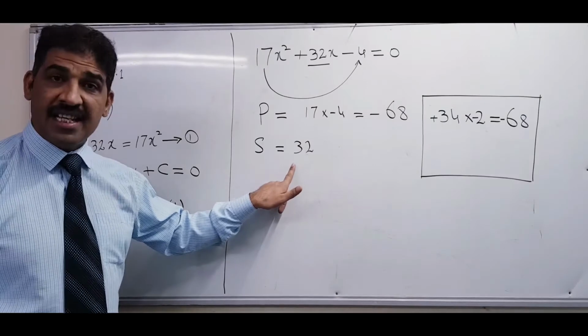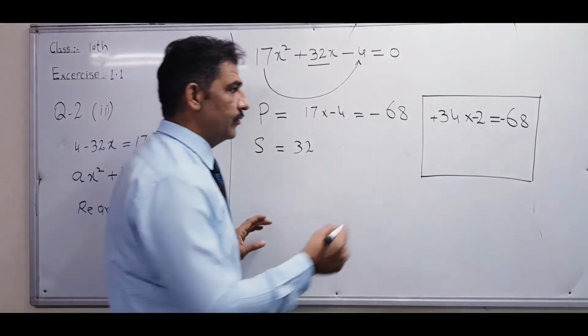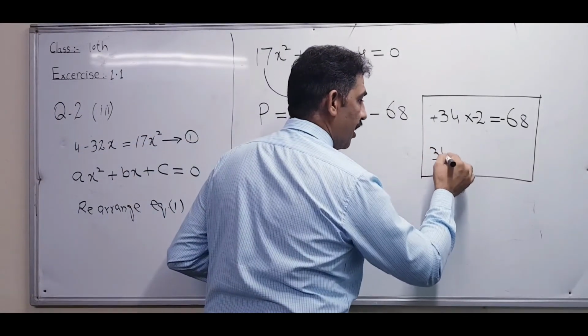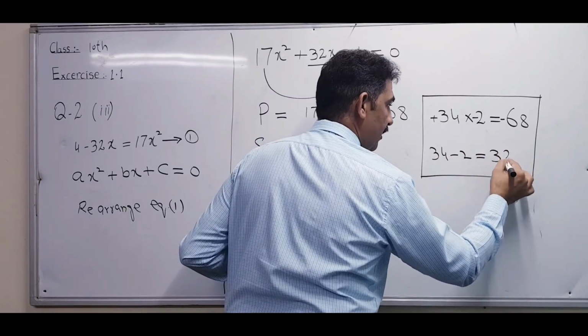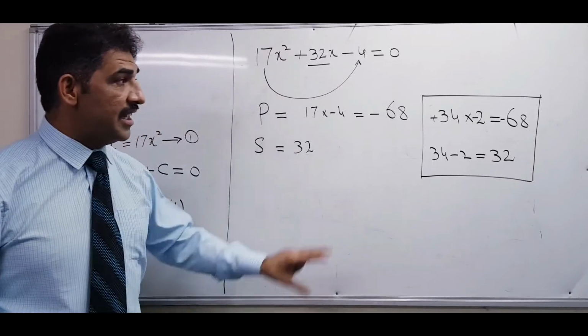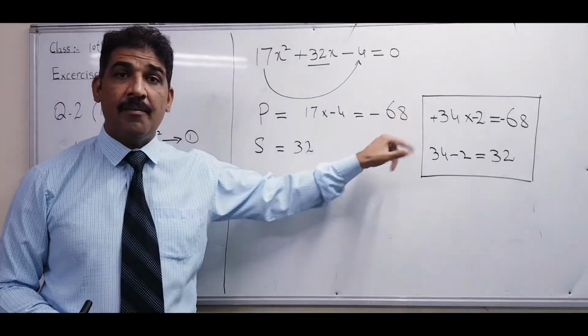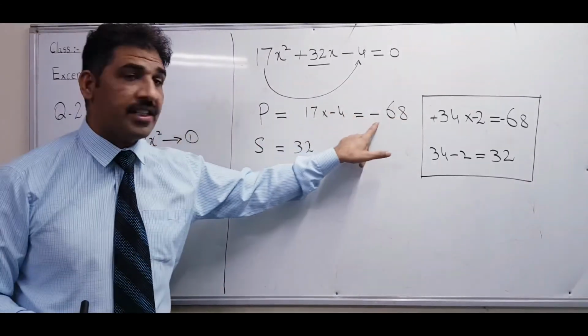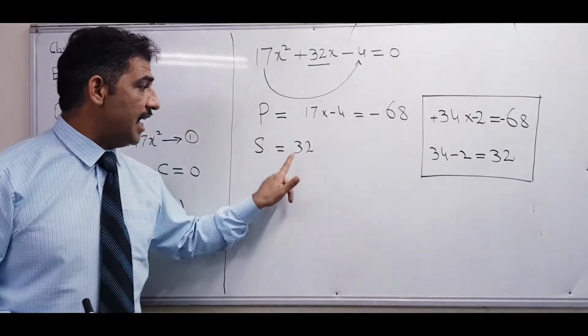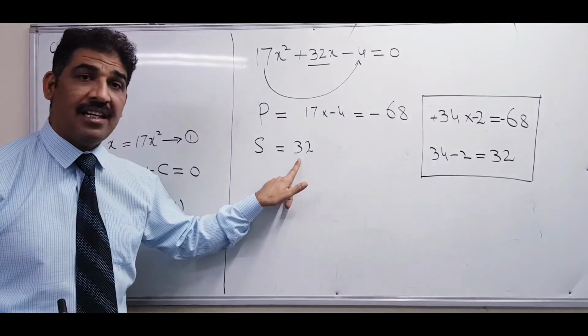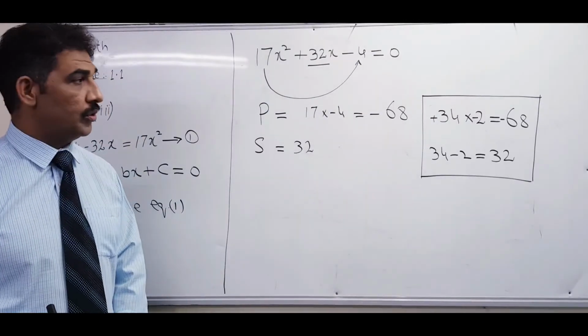Does it satisfy this condition? We will check. 34 minus 2, that is 32. Now this pair satisfies both conditions: the product is equal to minus 68, and after subtraction we get 32. Good.